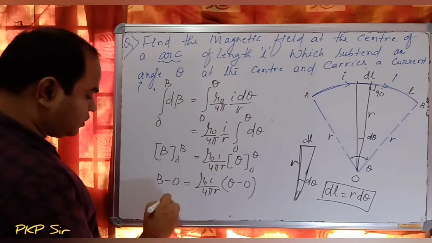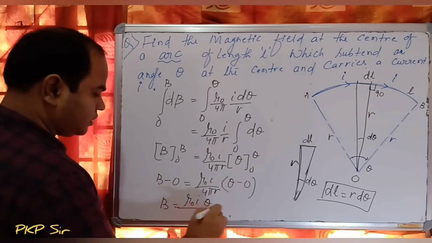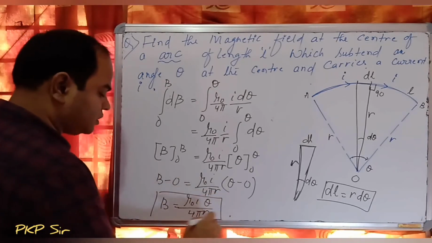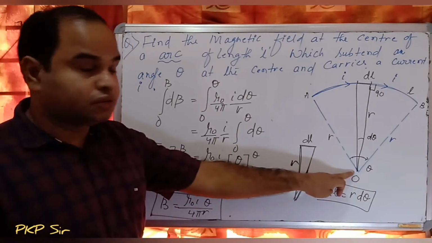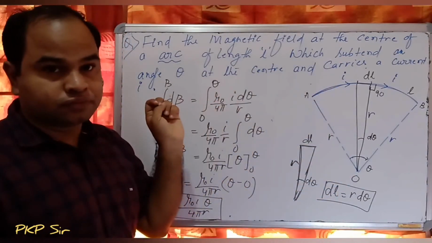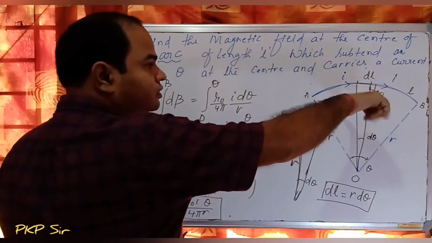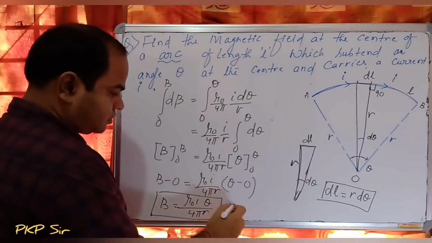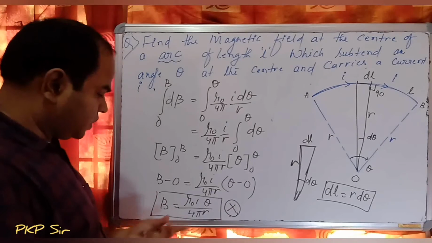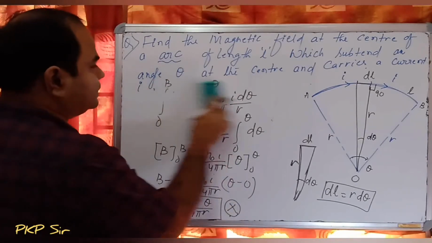So B is equal to mu naught I theta divided by 4 pi r. This is the magnitude of the magnetic field at the center due to the arc. The direction: the current is clockwise, so the magnetic field is inward, that is cross.